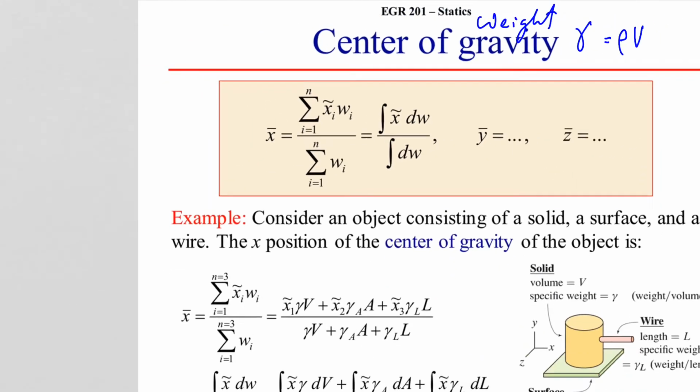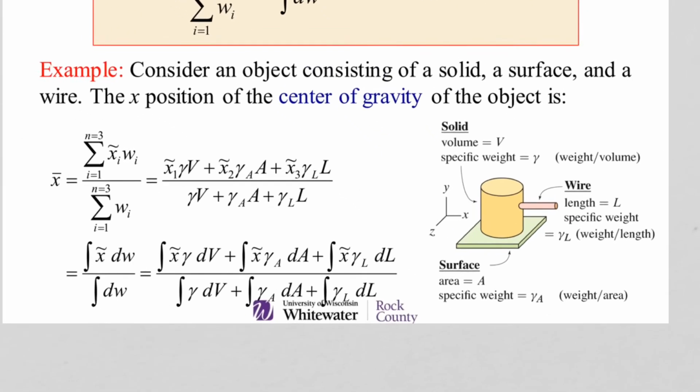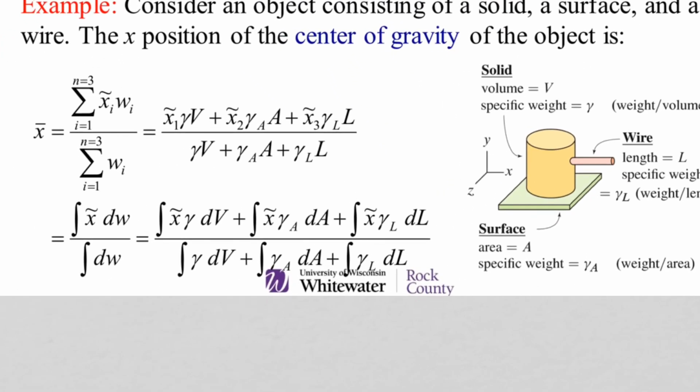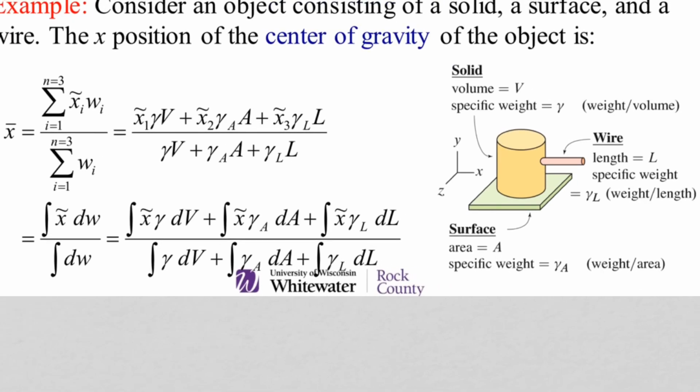Okay, so let's look at this same example again, and we see from this example we're looking for center of gravity. It is the same type of thing that we had before. We have our specific weight for this cylinder, which is weight per volume. This particular surface is weight per area, and then the last for the wire is weight per length.